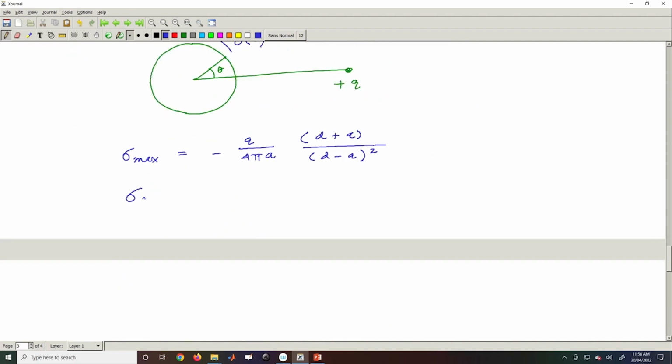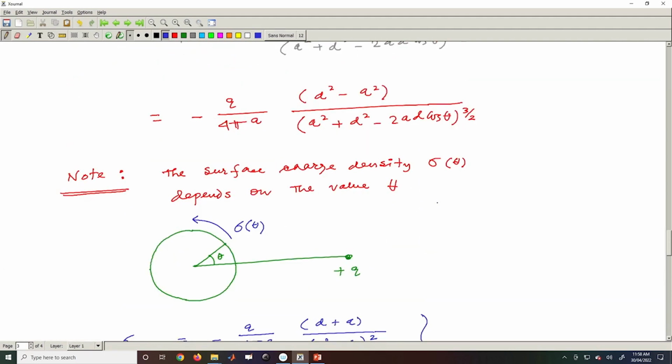So what is then minimum? So minimum happens when the downstairs is maximum. So that means it is minus of q by 4 pi a as usual, and then we have d minus a, because now in the numerator we have d plus a, and square of that. So this is the way it is distributed. So that means when theta is equal to 0, we have a minus d whole square.